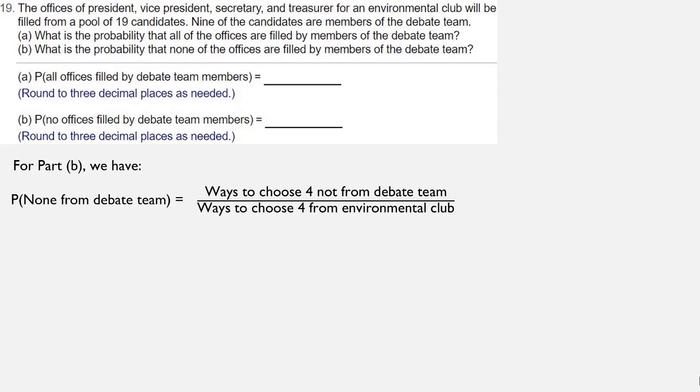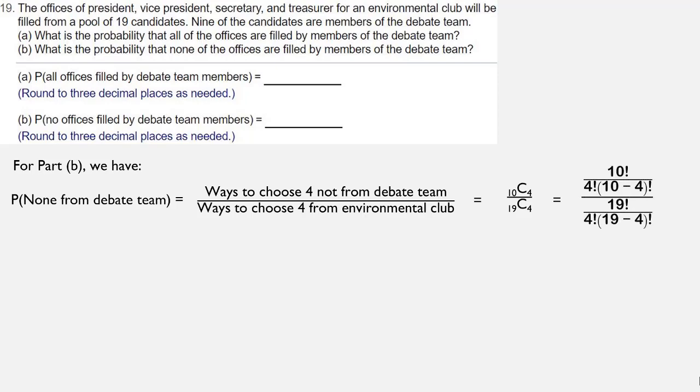Well, since there's 19 candidates and 9 of them are on the debate team, that means 10 of them aren't. So the numerator here would be 10C4, because I want to choose my 4 candidates from the 10 who are not part of the debate team. And we're dividing by 19C4 because that is going to be the same in all of these probabilities.